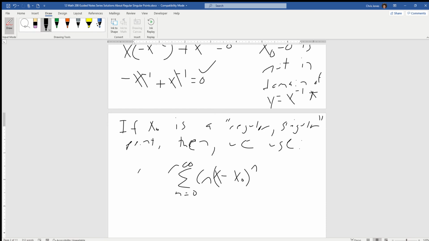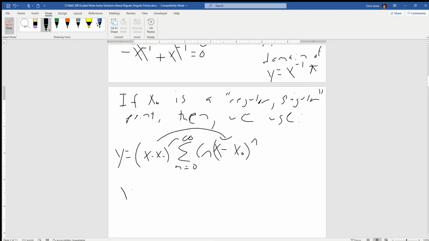So this becomes y equals that, and we multiply this inside here, and that gives us the method of Frobenius, where y is going to be equal to the series n equals 0 to infinity, c sub n, x minus x sub naught to the n plus r.